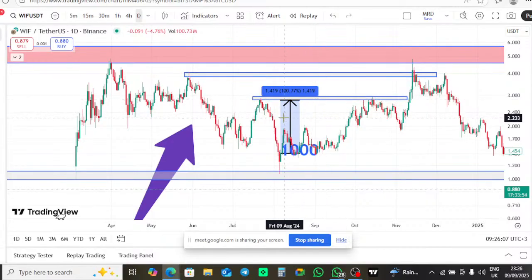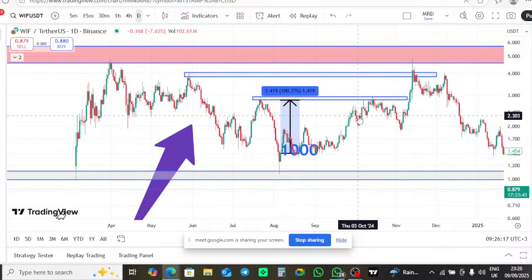Now, I entered in August 2024. I'm showing you where we entered from. And by the time we tested the line, it was October 2024. Those are the period of 2 months.